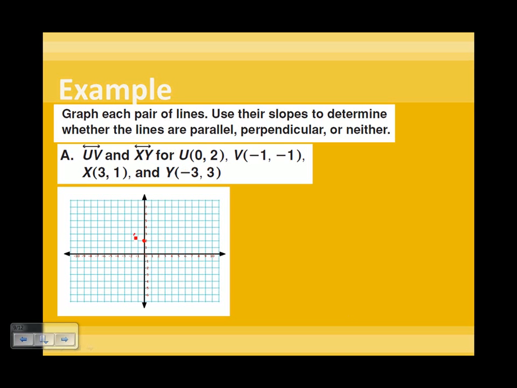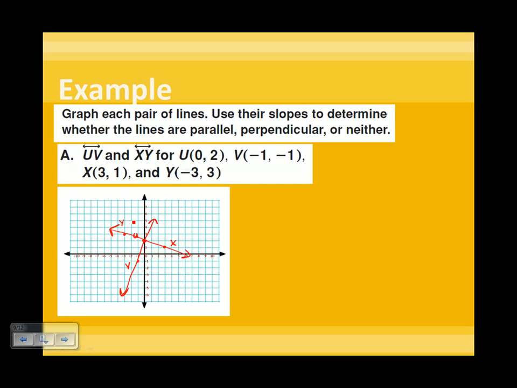There's point U. V is at -1, -1. There is V. And now I can draw a line UV. Then line XY, X is at 3, 1. Y is at negative 3, 3. And so then I can draw that line.